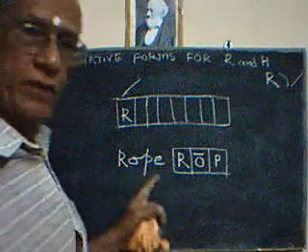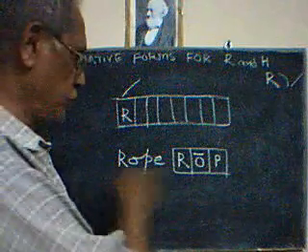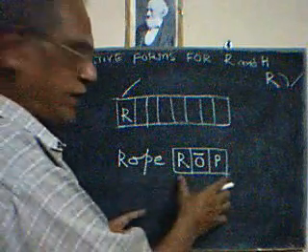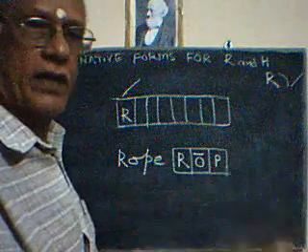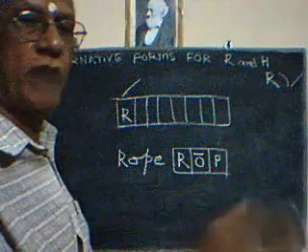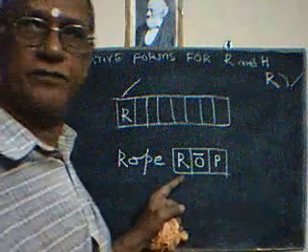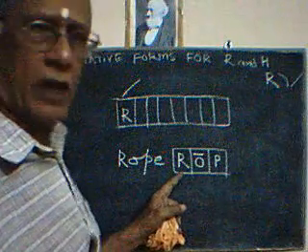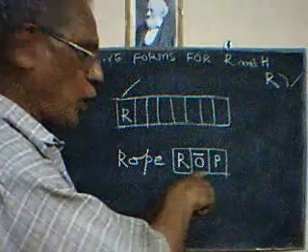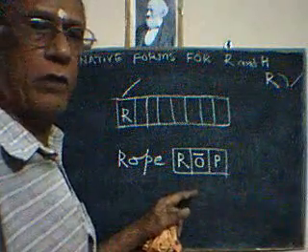The spelling is different, R-O-P-E, rope, but don't look at the spelling. We have to find out the phonetic structure: how the word is sounded, what the consonants are and what the vowels are. So the first consonant is R, plus O vowel, then P.